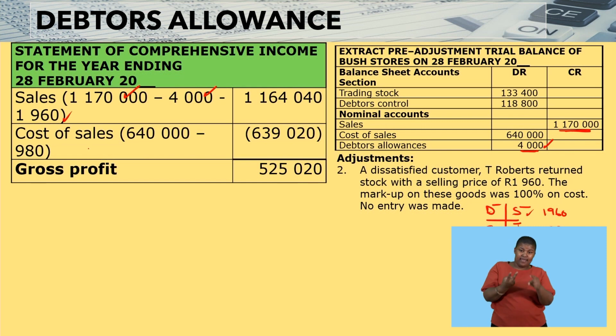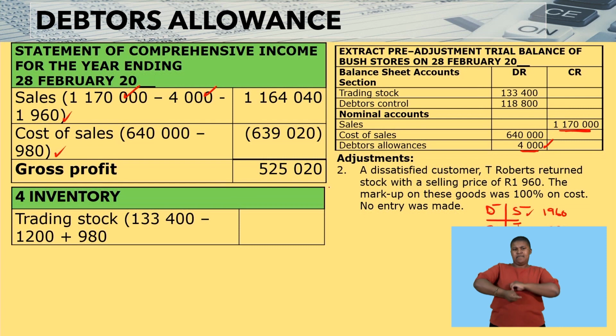And then the second place I will make an adjustment is on my cost of sales, where I'll come and say minus 980. On my cost of sales, I'll subtract 980. Then the next place I will go is in my note number 4, that is inventory. Remember, we had 133.4, which is this one.